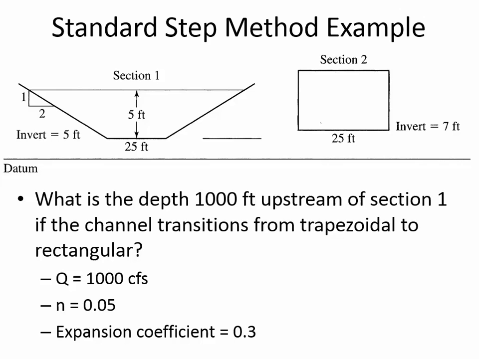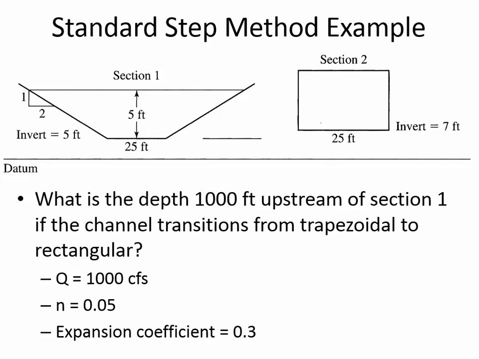So if we substitute that into Manning's equation, the flow rate is 1,000 cubic feet per second, equals 1.49, the cross-sectional area, 25y plus 2y squared, and that's to the 5/3 power.